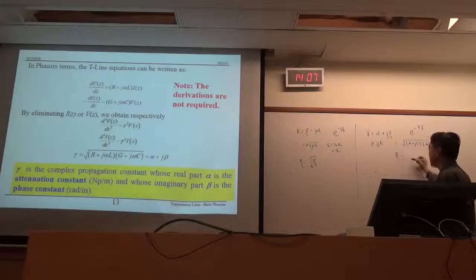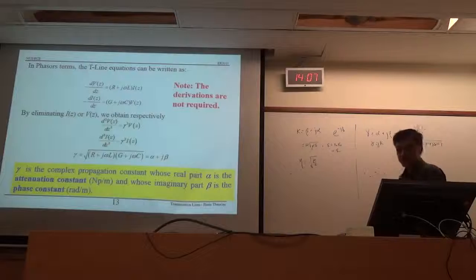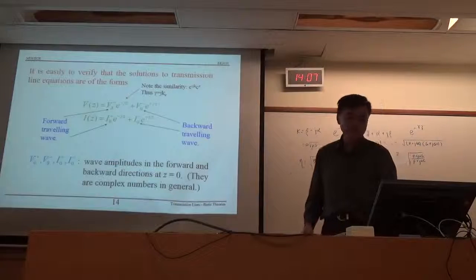Z, on the other hand, is equal to R plus j omega L over G plus j omega C, so we have very similar characteristics.